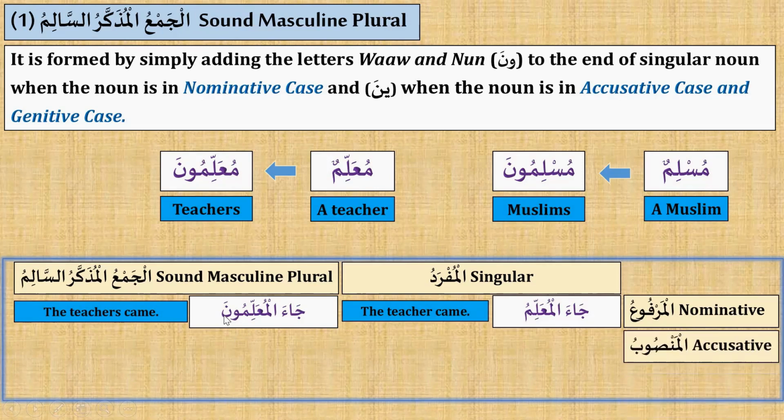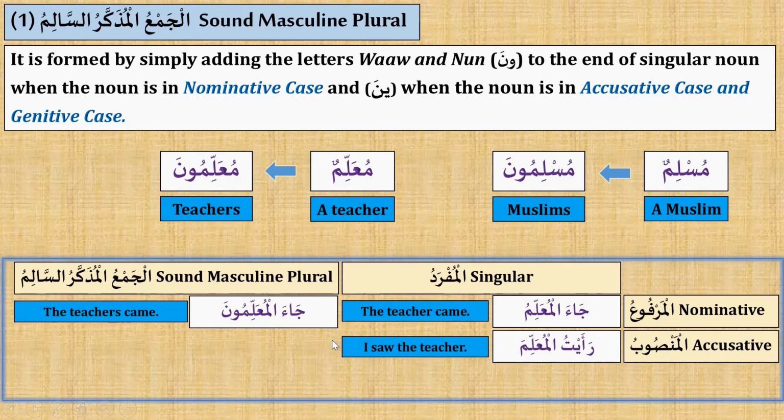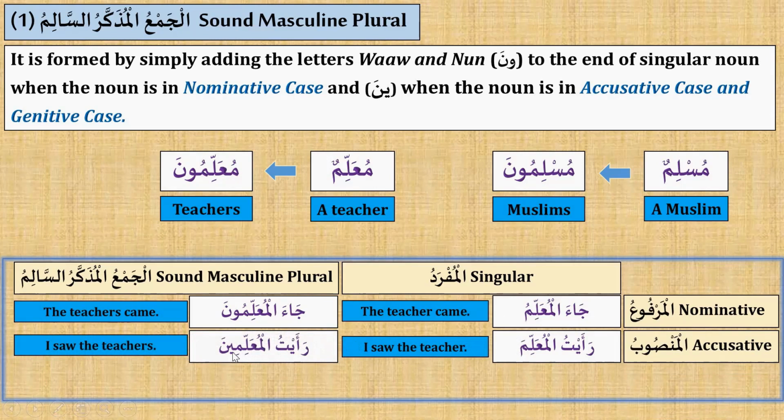The next case is Al-Mansub accusative case, when the noun ends with fatha. رأيت المعلم, I saw the teacher. In this case, the plural must be رأيت المعلمين, I saw the teachers. It must end with ya and nun.